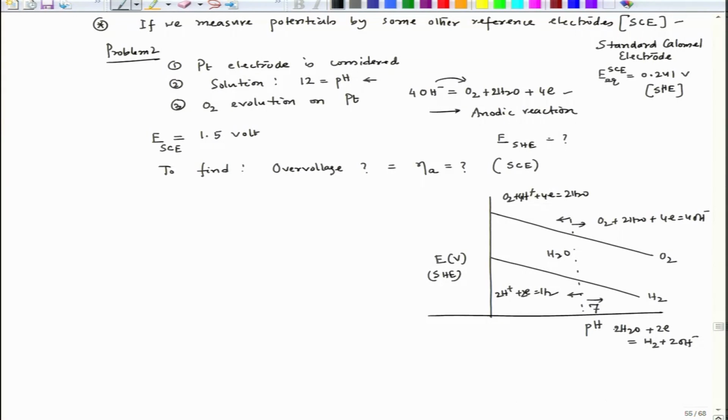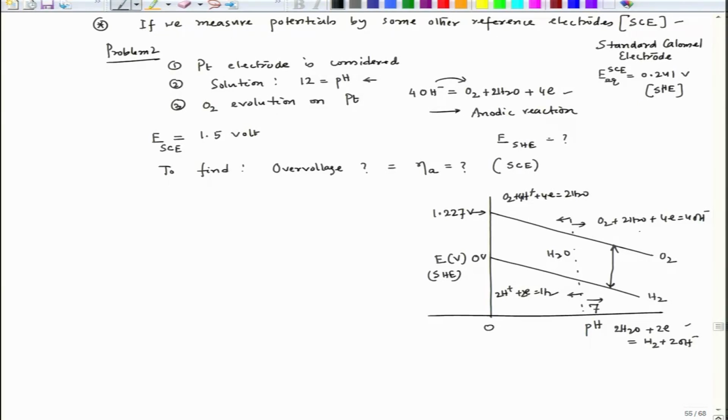This is the reaction that happens when the pH is more than or equal to 7. In this zone we have stable water, and this particular potential is 1.227 volt when pH is equal to 0, and this voltage is 0 volt when pH is equal to 0.